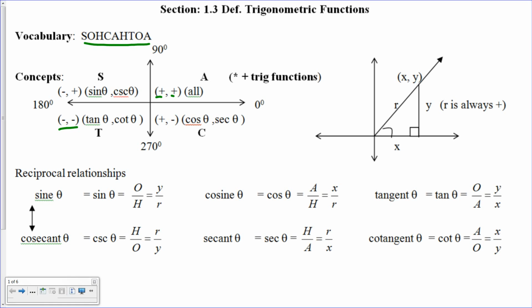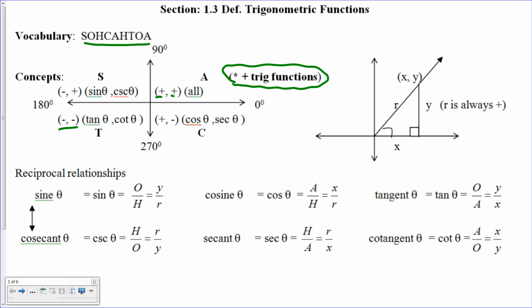And then you have some letters up here, A, S, T, and C. And those letters indicate where the trig functions are positive or negative. The positive trig function is in bold, and that means all are positive. This means just the sine and cosecant are positive.